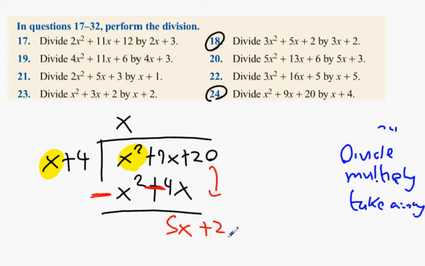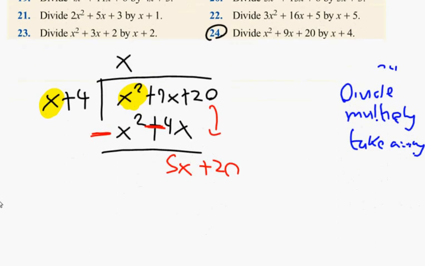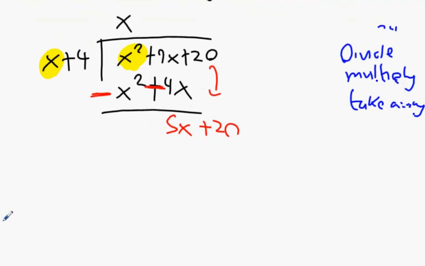Bring down the 20 after that. Which 2 am I looking at? 5x divided by x? 5.